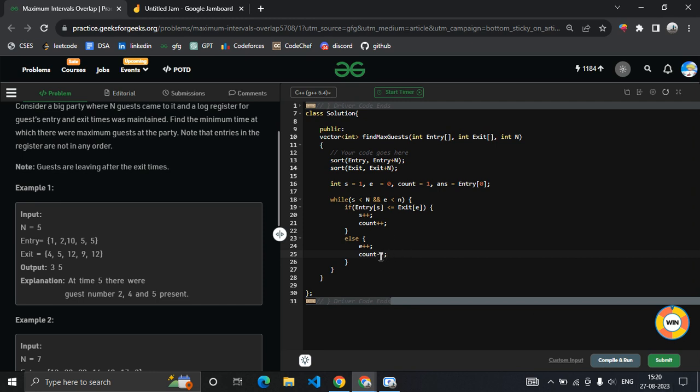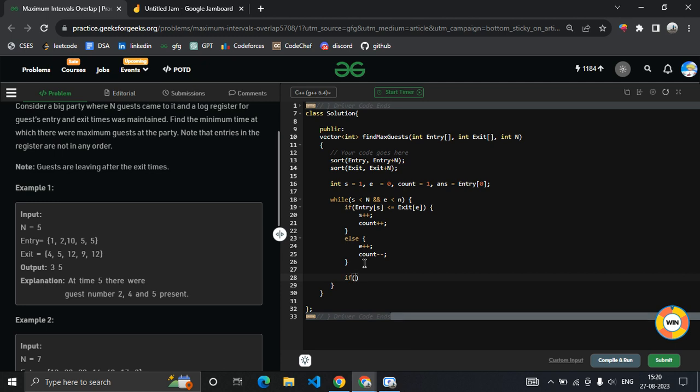Now, after doing this, we have to maintain the maximum. The count will increment and decrement like that, so I will maintain another variable, max count, initialized to 0; initializing to 1 or 0 doesn't matter.